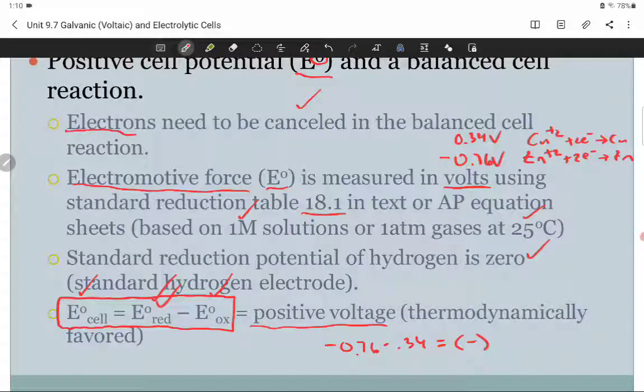But if you change this and you put the 0.34 minus the minus 0.76, you will now get a positive answer. And so that is how you are going to determine what item gets reduced and what item gets oxidized in a galvanic cell.